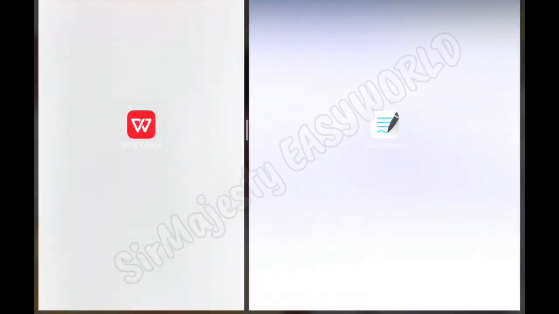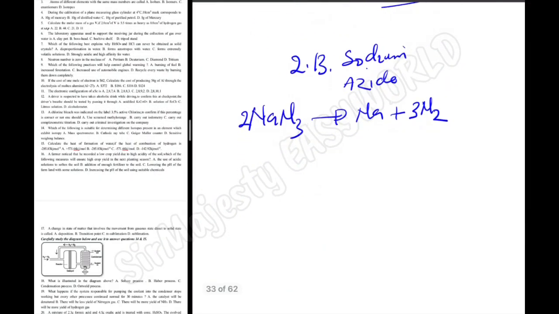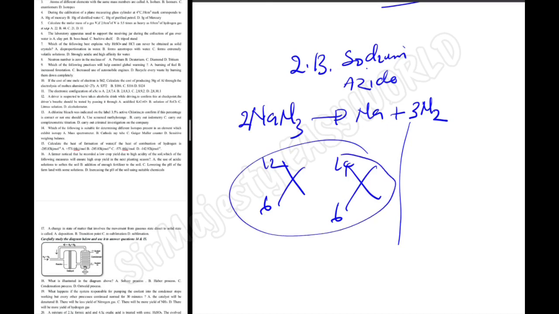Just take a look at this. When we use the word isotopes, they must have the same atomic number. What if you have an element, in this case there is 6 here, and here is 12, here is 14? This is carbon. But in some situations we have different elements, and this one is called the same element because they have the same atomic numbers.